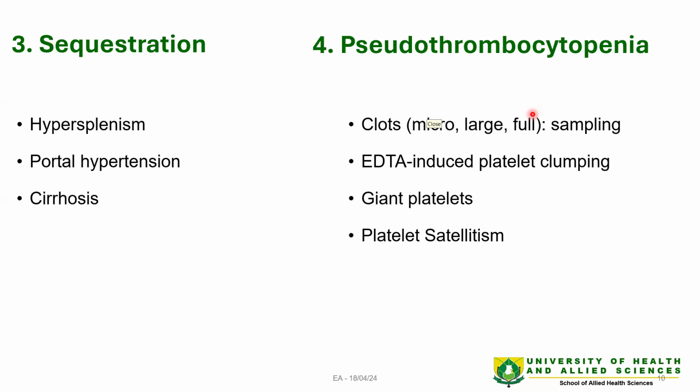But this pseudothrombocytopenia has been caused as a result of something happening to the blood after it was taken from the body. So the first cause of this pseudothrombocytopenia is clots. Clots that occur when the blood sample is taken and placed inside the EDTA tube.